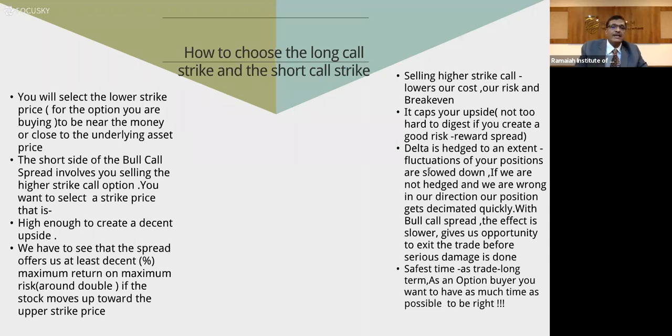So we need to see that the spread offers at least a decent percent of maximum return on maximum risk. I personally prefer, and this varies from people to people, this is a personal preference, and these guidelines will be clearer once we go through some figures, I would expect at least the maximum return to be double my maximum risk.